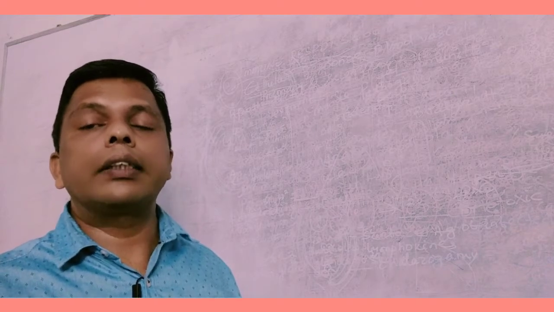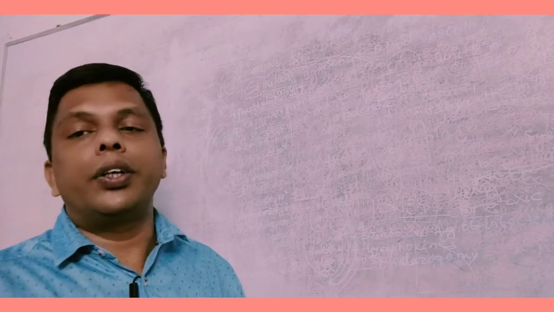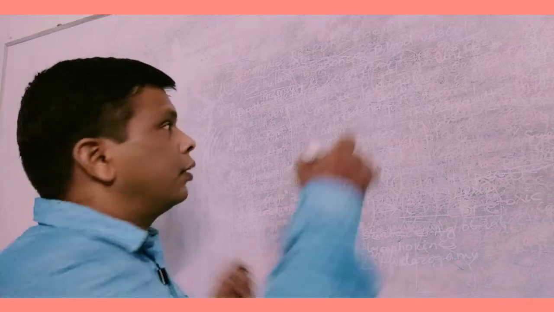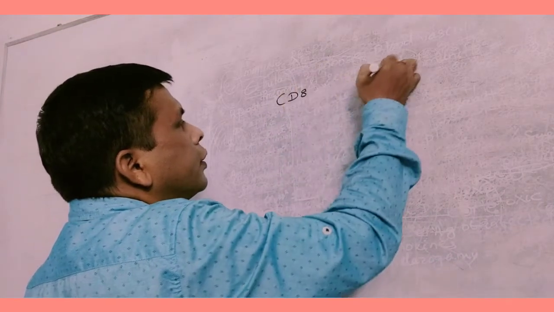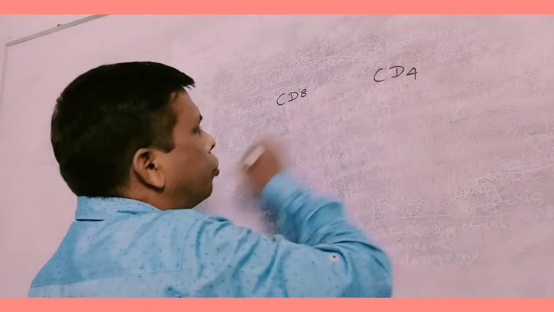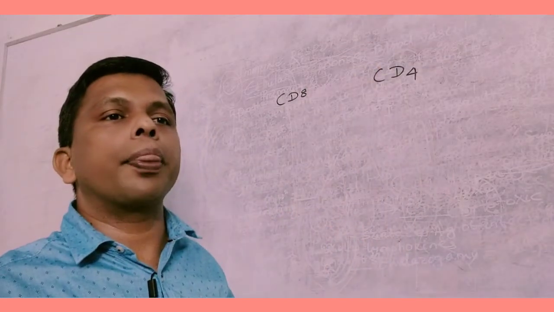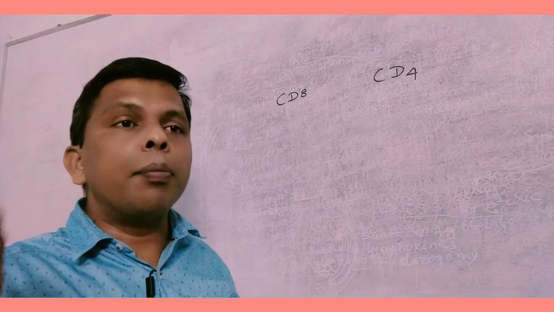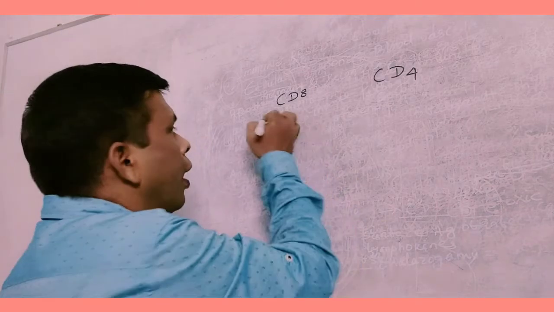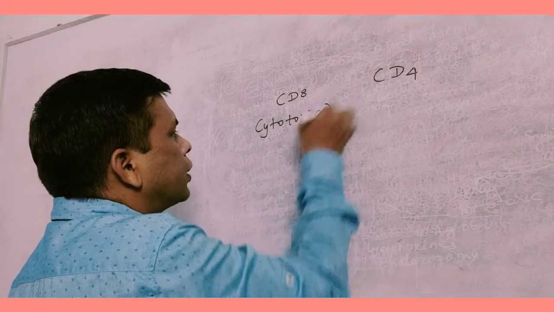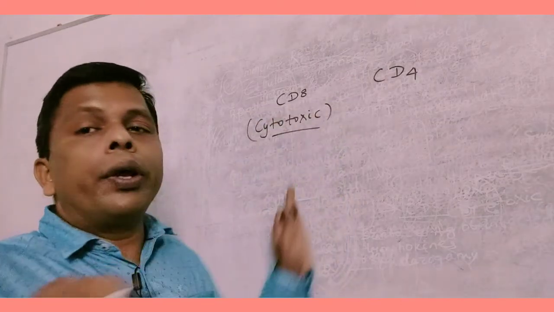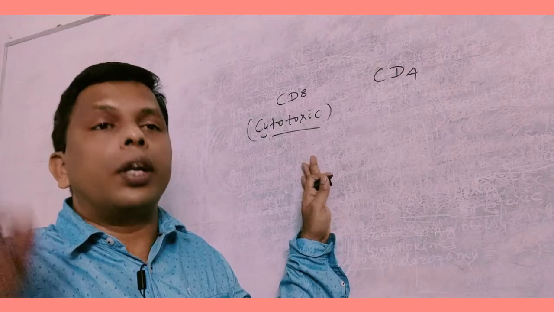My dear students, there are two major types of T cell: CD8 and CD4 cells. The CD8 marker T cells are cytotoxic T cells, or we can call them killer T cells.